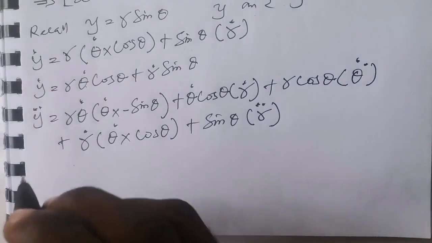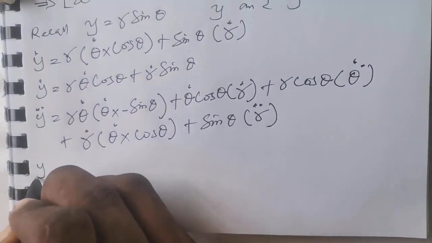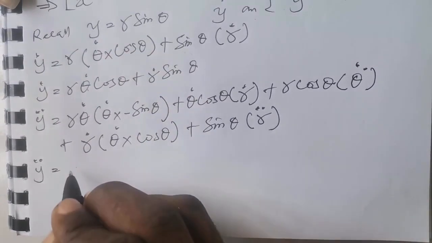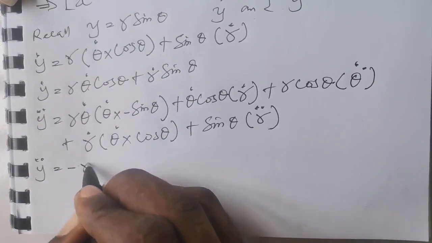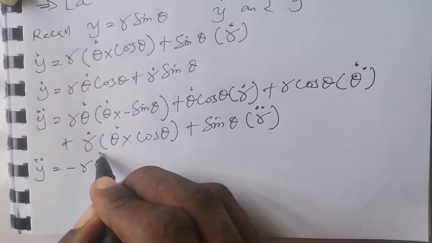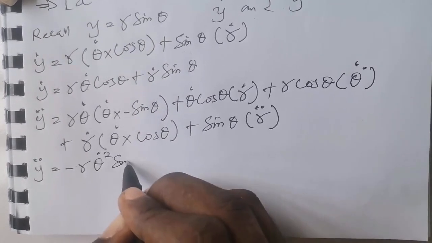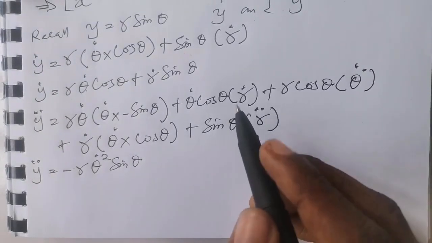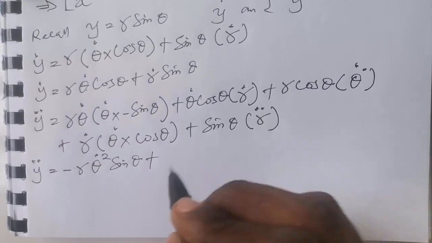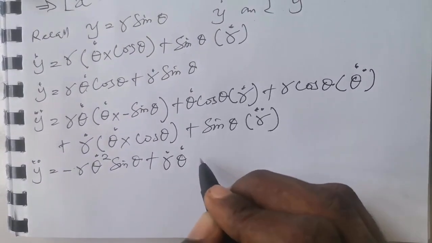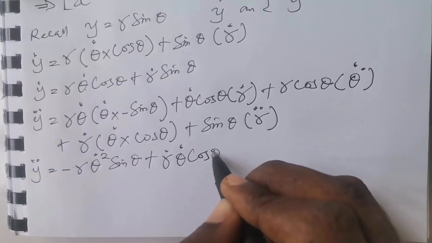So if you do that, you're going to have that y double dot is equal to, there's a negative sign here, so you pull it out, minus r theta dot multiplies theta dot. That gives me theta dot squared sine theta. Here I have plus r dot theta dot times cos theta.